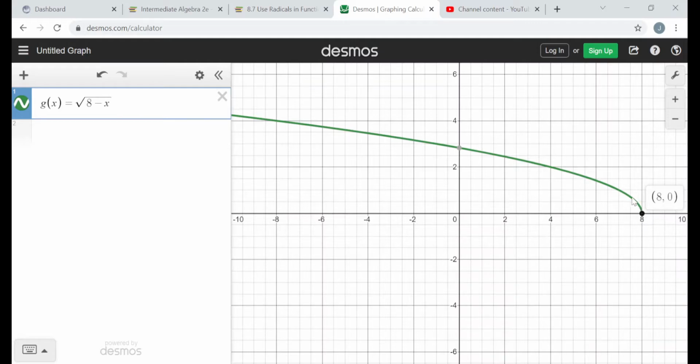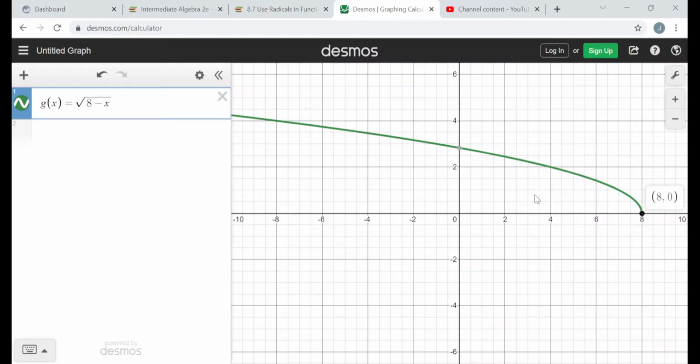And then as I move along the graph, see how every single x coordinate is less than 8: 4.93, 2.71, 0, x value of negative 1.6, negative 1, negative 2, negative 4.44, negative 6.63. Right, but every point on the graph has an x value of 8 or less, right, has an x value less than or equal to 8.